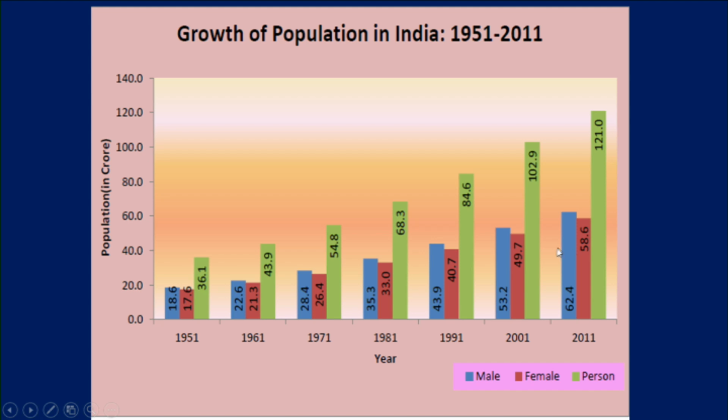In the earlier part we studied the sex ratio, which was only 919 for the 0 to 6 years age group. So, like this we can analyze the growth of the population with the help of this graph.